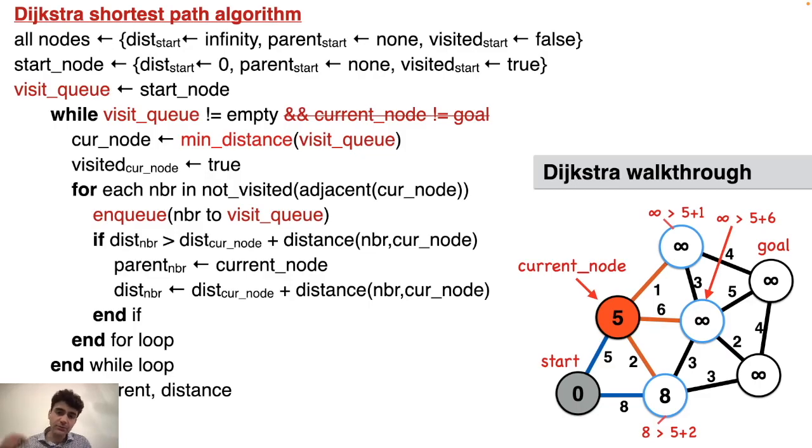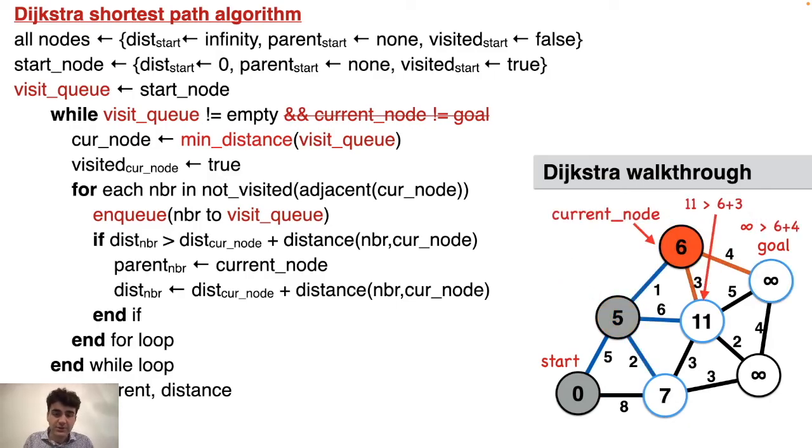So moving from the top of those 3 down to the bottom, there's a distance of 5 plus 1, so 6, 5 plus 6, which is 11, and then 8 being greater than 5 plus 2, so the distance of that lower node will get updated to be 7. At the next step here, you can see we've now expanded to the adjacent node of our previously visited node, which again had the minimum distance traveled thus far.